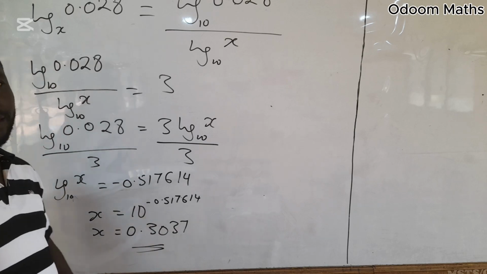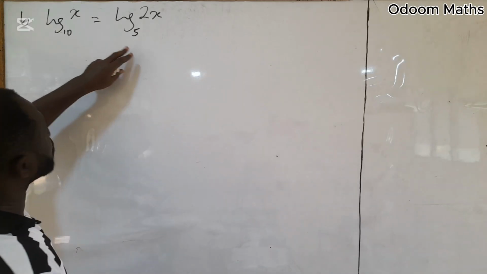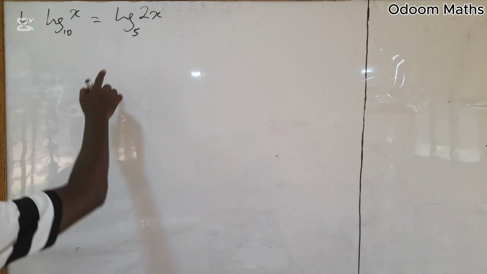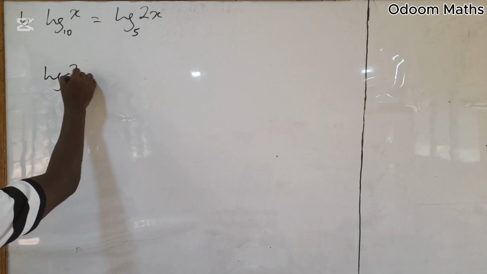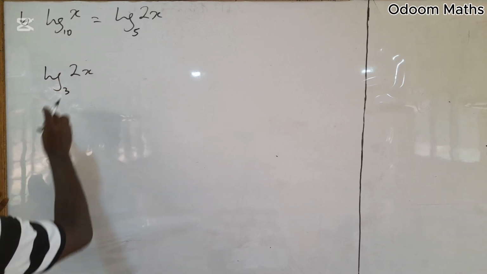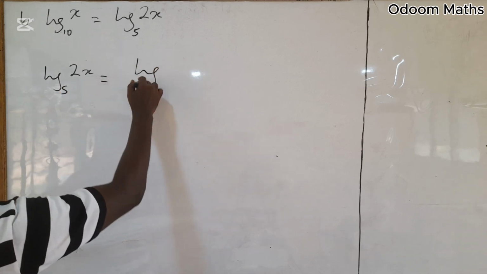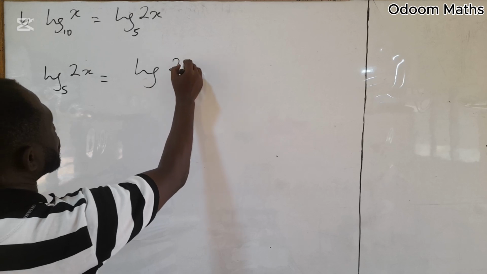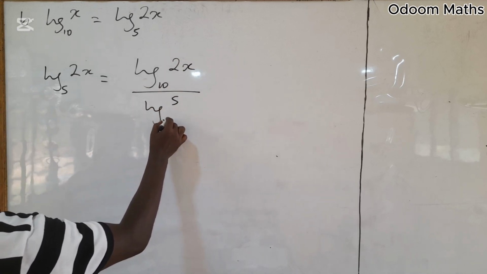Now let's look at the second question, that is the b. We are still solving for x. Now from the change of base, we can look at this as log 2x base 5 is equal to log 2x base 10 over log 5 base 10.